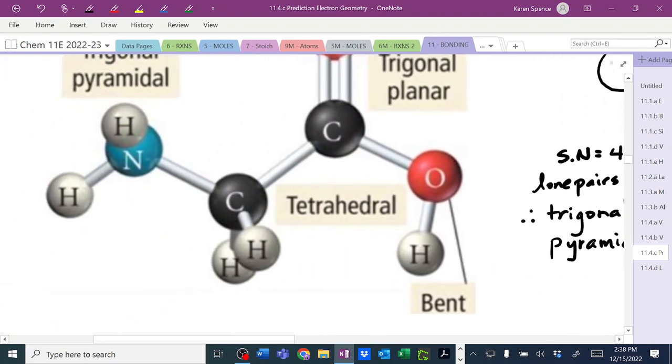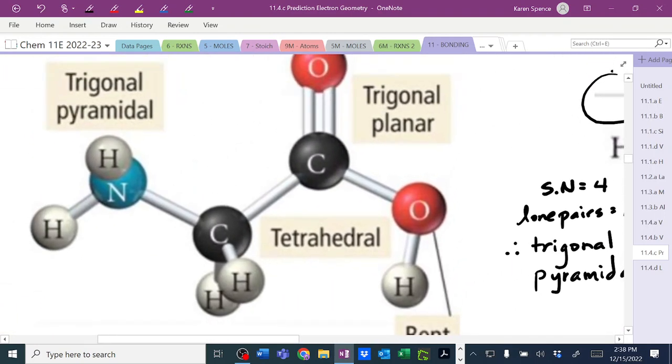And if we look over here, you can almost see it. It's not beautiful, because this hydrogen here is sticking out, but you can imagine it's coming out towards you. And then these two are like this. So we have a little pyramid with three points.